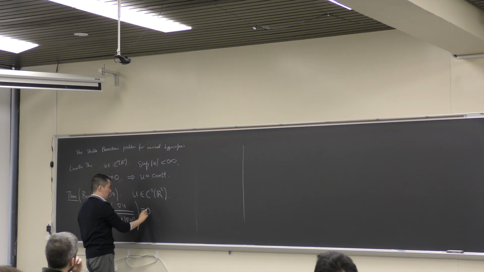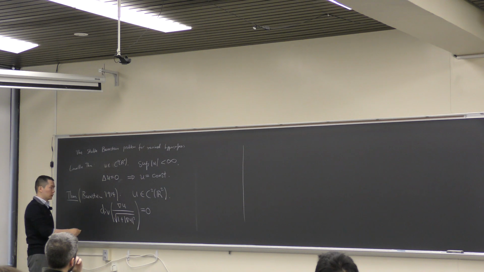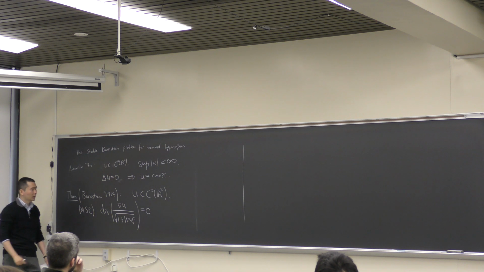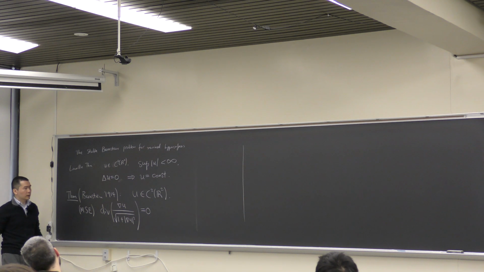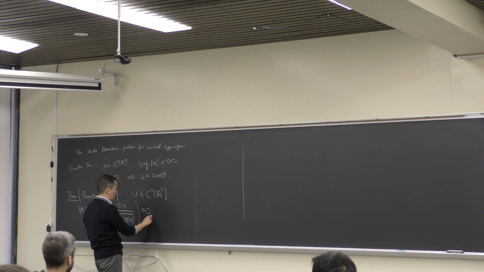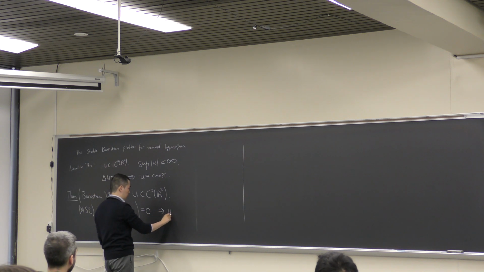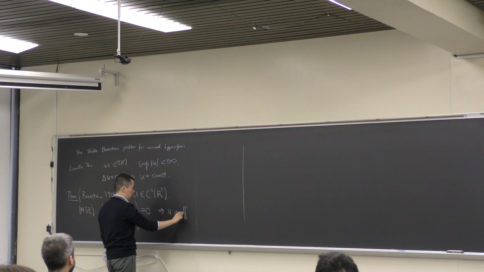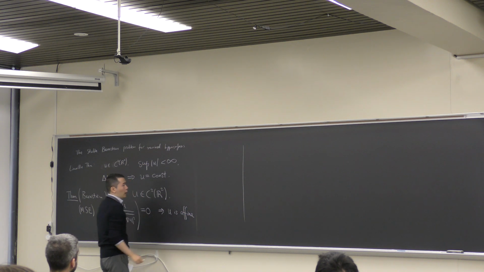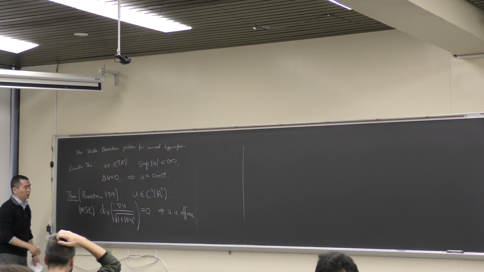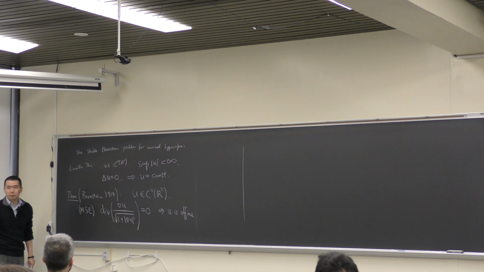This equation is called the minimal surface equation, MSE. If you have an entire solution to the minimal surface equation, then u has to be affine, in other words, u(x) is ax plus b, basically.